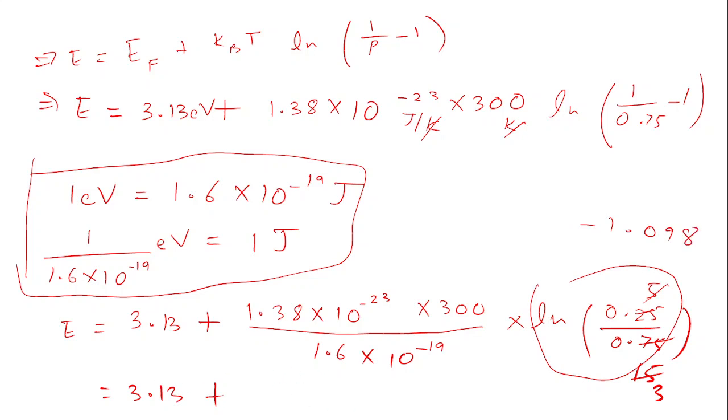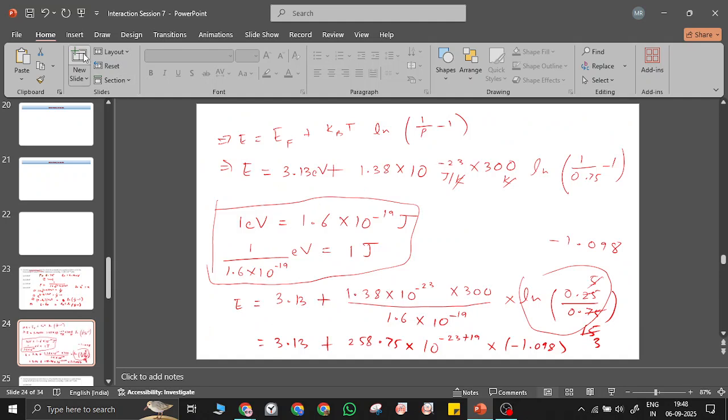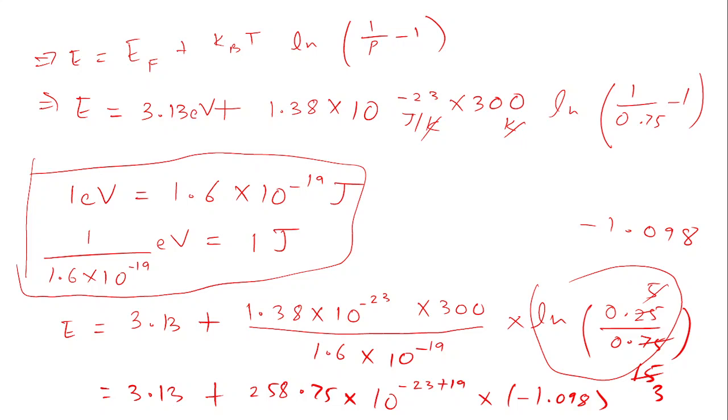So 3.13, and this will be 1.38 multiplied by 300 divided by 1.6, which is 258.75, and all the powers, this will be 10 to the power minus 23 plus 19, and this multiplied by minus 1.098. Further, do this.